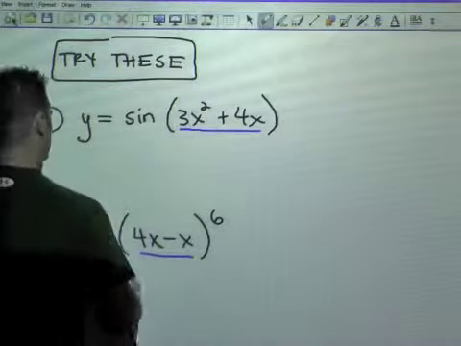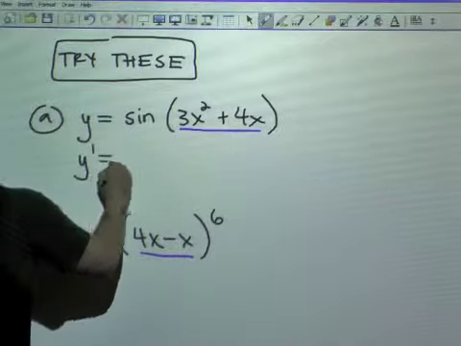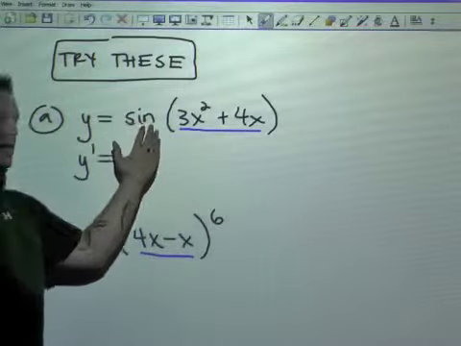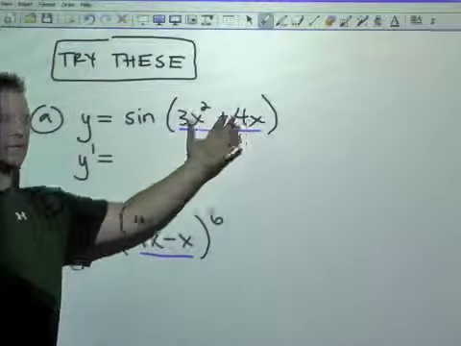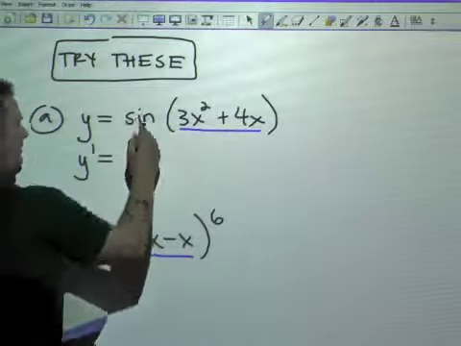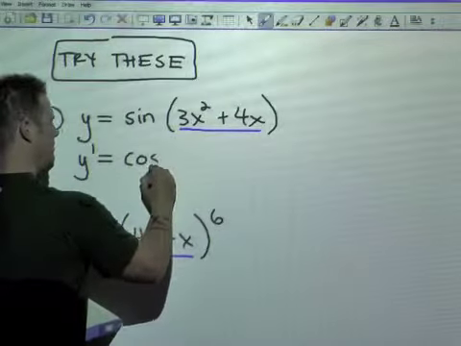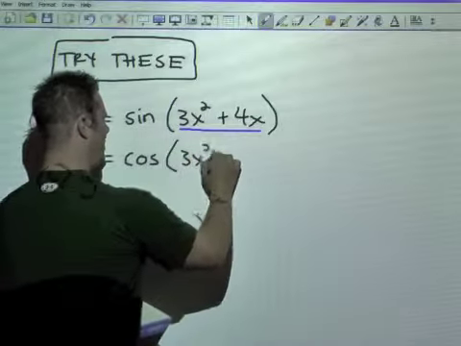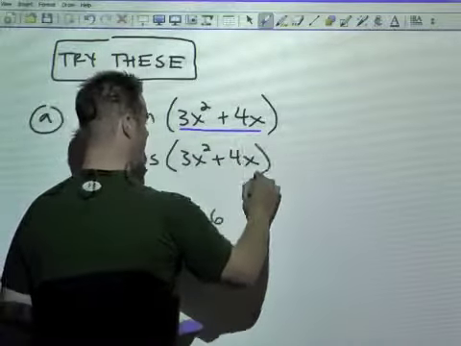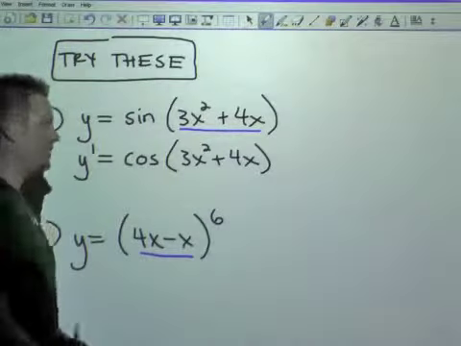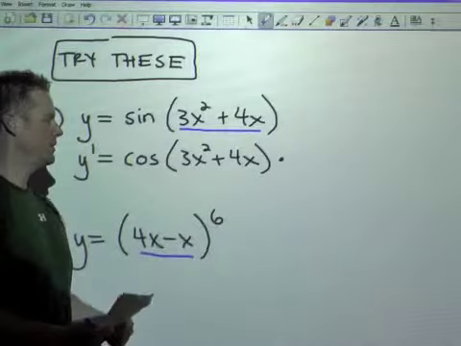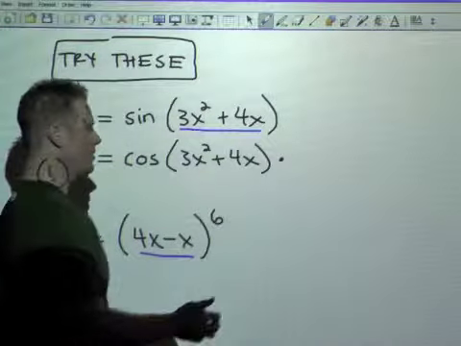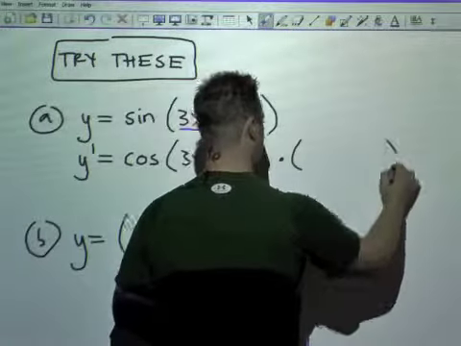Okay. So here's how I use the chain rule. The outside function here is sine. So we think about this as the sine of something. To differentiate that, the derivative of sine is cosine. So we just say it's cosine of that something. And then the adjustment is that I multiply by the derivative of the inside function, which is going to be more than one term, so I'm going to put the derivative of the inside function in parentheses.